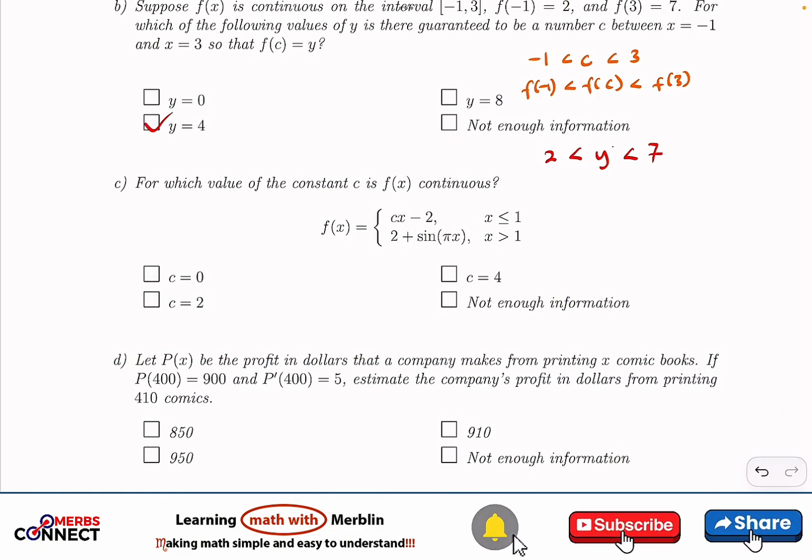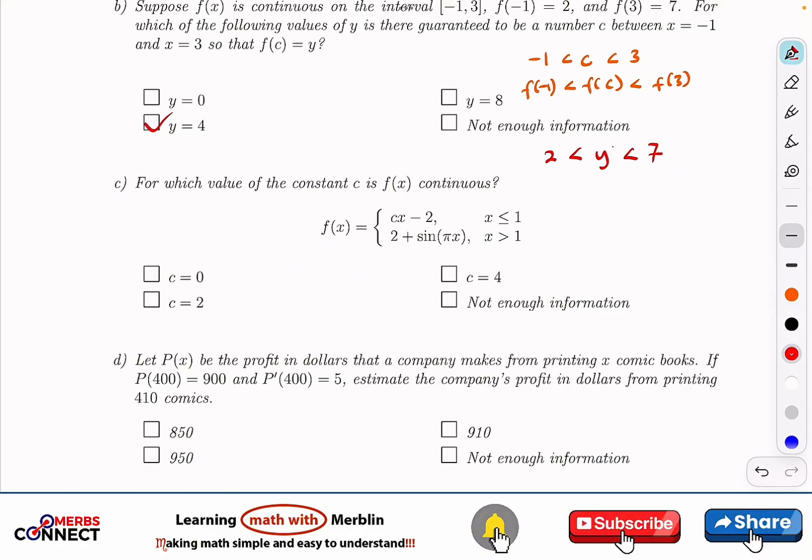For which value of the constant c is f of x continuous? Okay, so if f of x is continuous, then the limit exists, because since we are using less than or equal to there, it means that the limit from the left is the same as the limit from the right. So the limit as x approaches 1 from the left of f of x should be the same as the limit as x approaches 1 from the right of f of x.